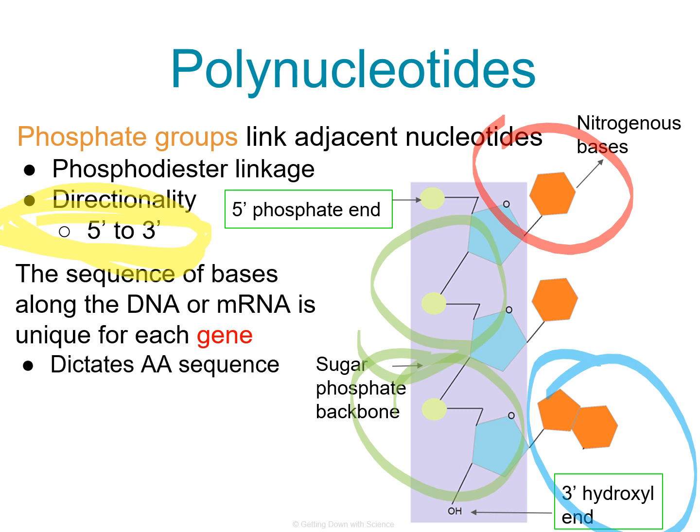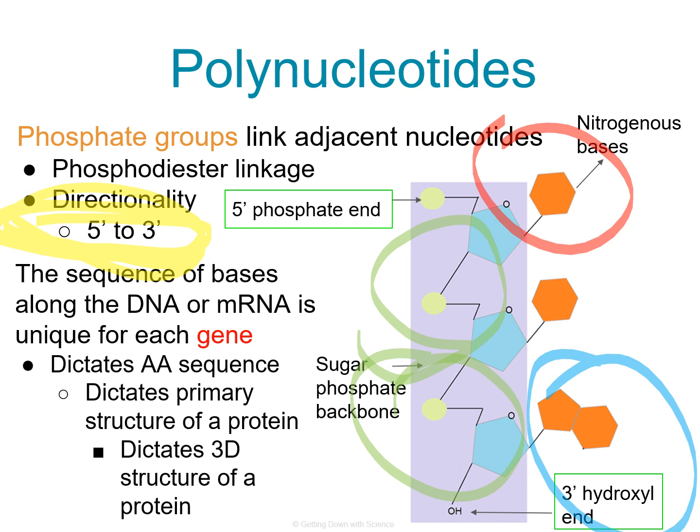So it then tells the amino acid what to become. It dictates the amino acid sequence and then dictates the structures of the proteins. So remember, structure dictates function. This is a great example of it.